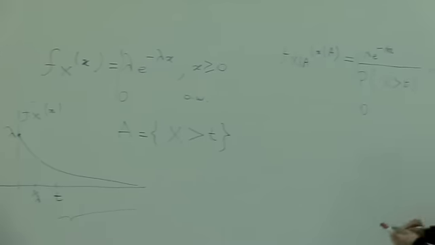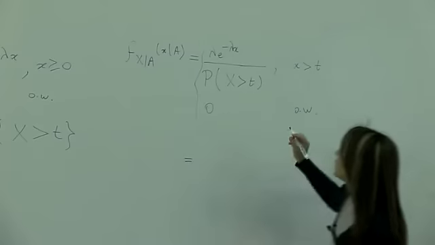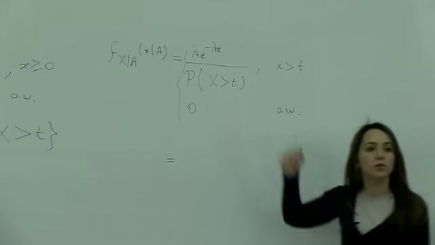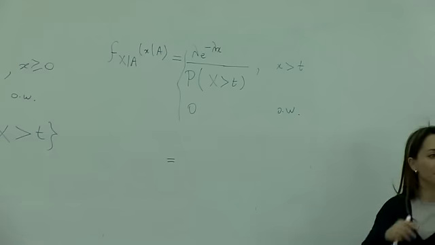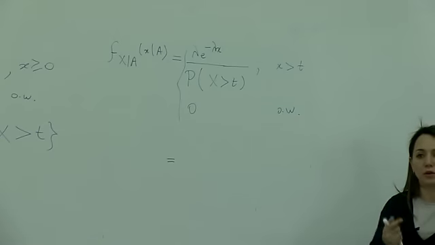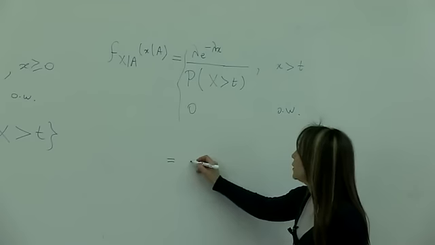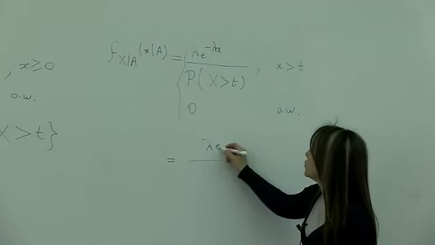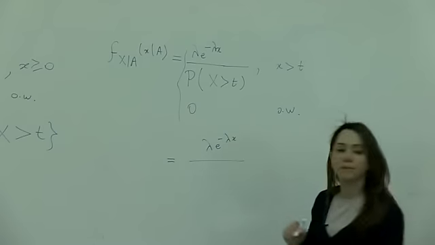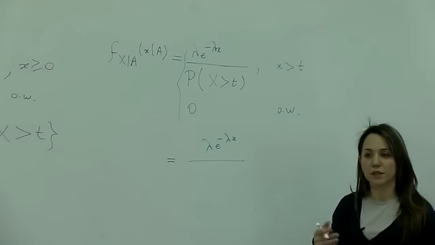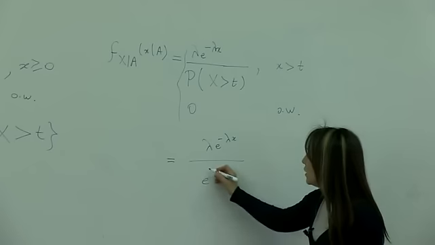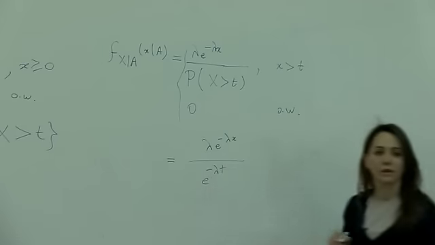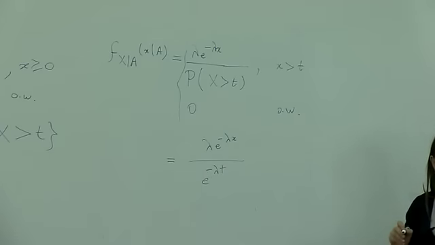So let's continue with this. What is the probability that x is bigger than t? We computed this before. This is something that I asked you to learn about the exponential random variable. The probability that the random variable exceeds a certain value t, if that random variable is exponential with parameter lambda, is exactly e to the minus lambda t. Do you remember this?